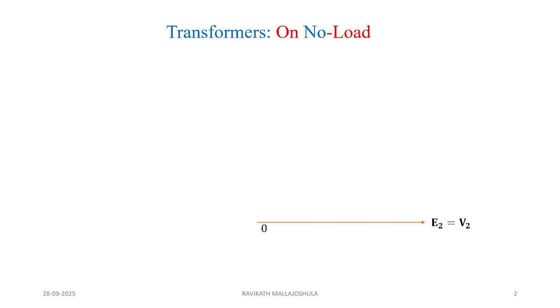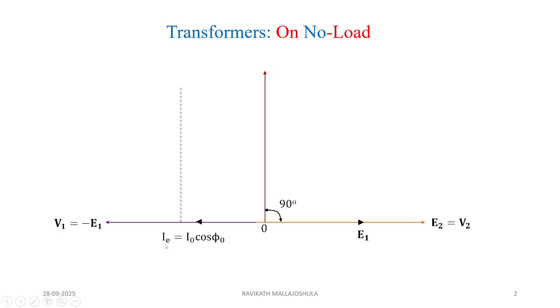If at all we draw a phasor diagram, it would be like this: E2 is equal to V2 in one direction, whereas V1 is equal to minus E1 on the primary side, and E1 and E2 are in the same direction, whereas in opposition you have IE, which is equal to I0 cos phi naught in one direction, and IM is equal to I0 sin phi naught in another direction.